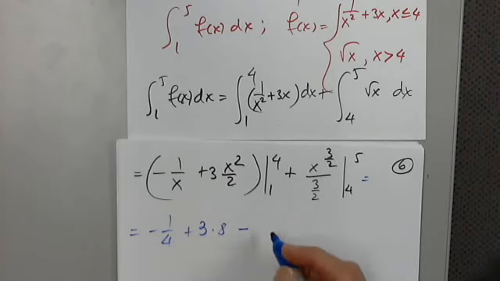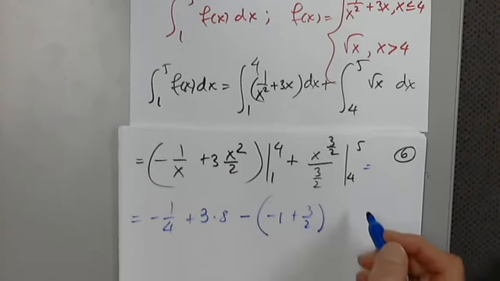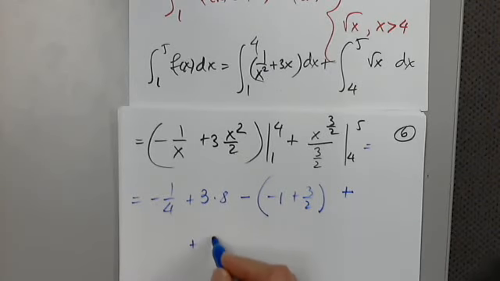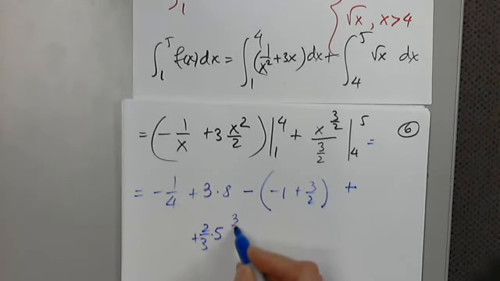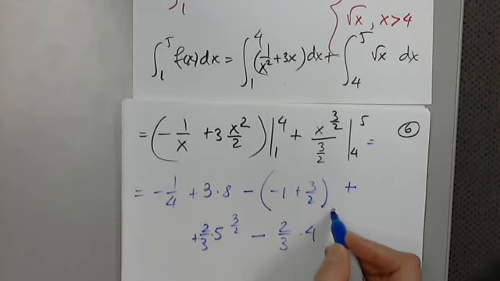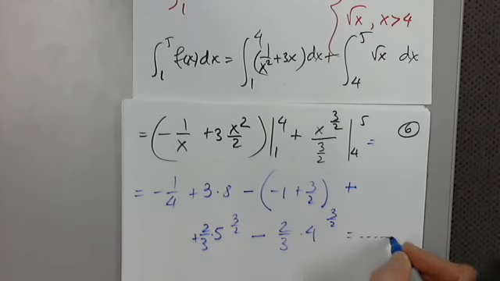And then minus, when we plug in 1, minus 1 plus 3 halves. And then plus, when I plug in 5, it's 2/3 times 5 to 3 halves, but minus 2/3 times 4 raised to 3 halves, and I'll let you finish it later.